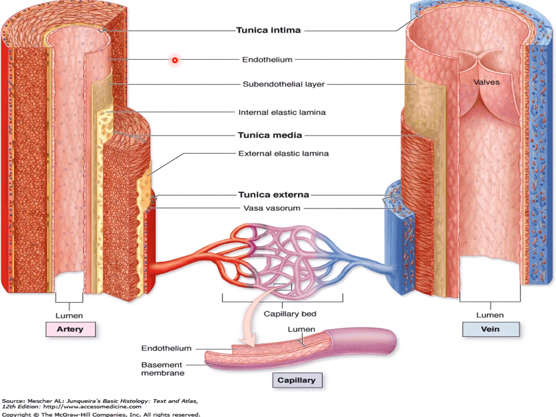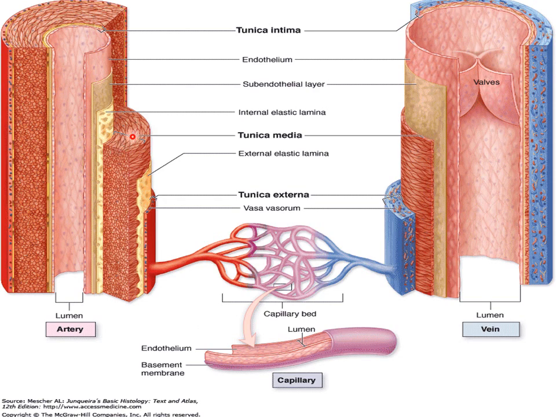So here in this picture, you can easily differentiate between the structural composition of an artery and a vein. If you see from inner to outer side, there is tunica intima or tunica interna in this blood vessel.